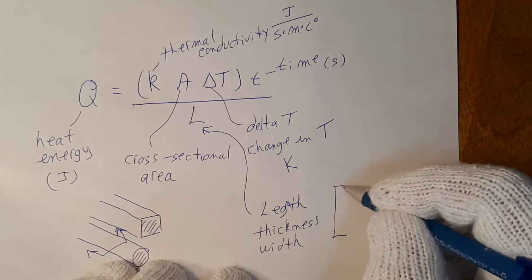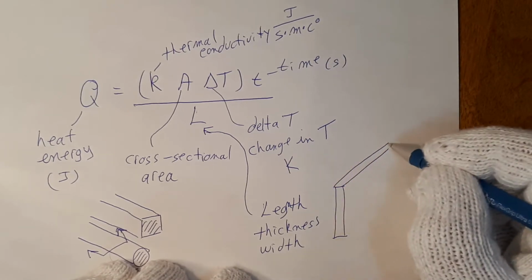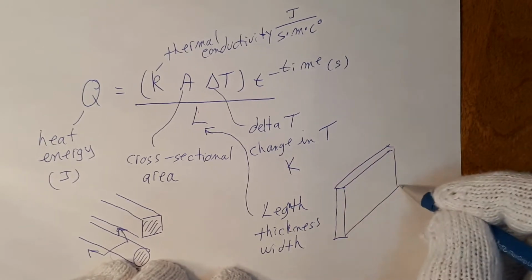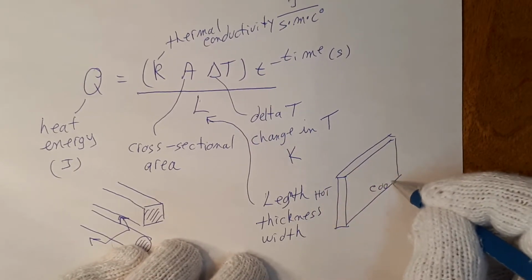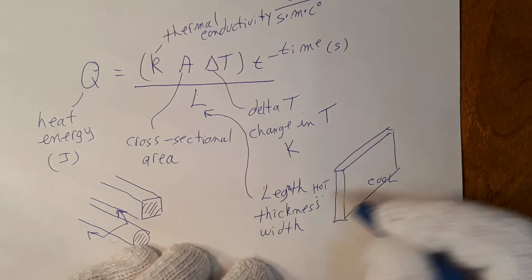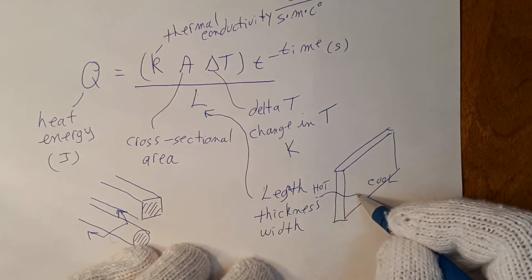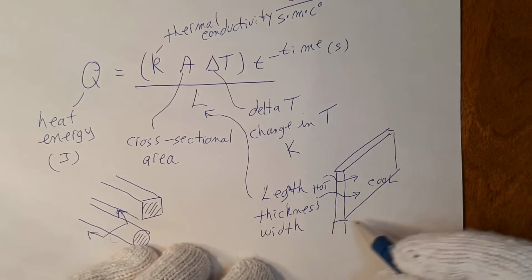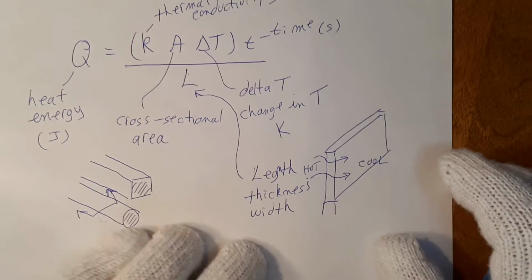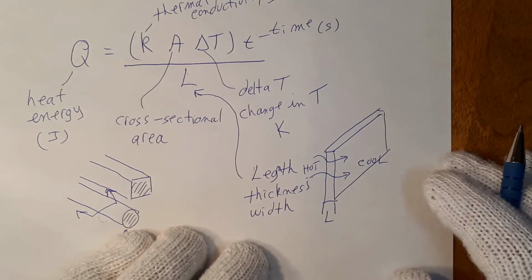For instance, consider a window. Here's a window, and it's hot outside and it's cool inside, speaking of the summertime. Heat always travels from a place that's hot to a place that's cold. So it's going to travel this way, and L is the distance or the length that the heat must travel through. This would be L.